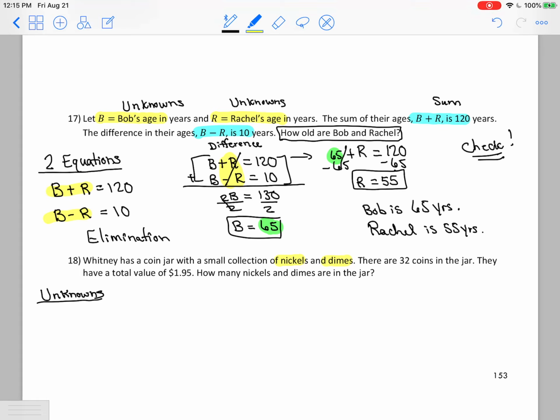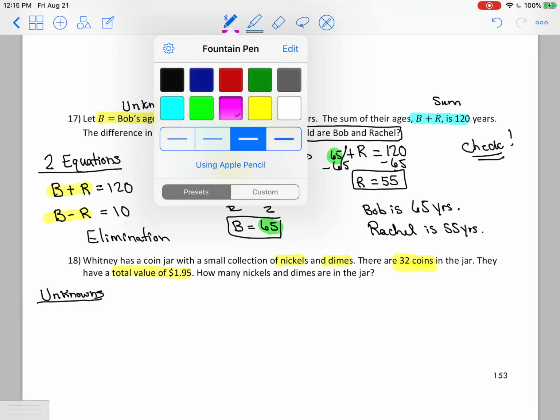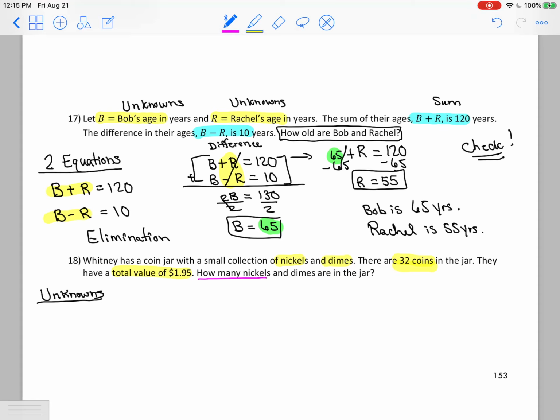I'm going to continue highlighting a few things. We've got 32 total coins and a total value of $1.95. And you notice that the question asks us how many nickels and dimes are in the jar. So this is what our unknowns need to be.